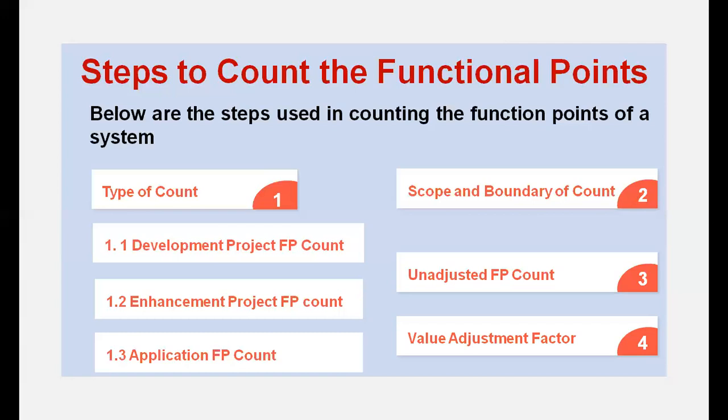And the last one, that is value adjustment factor. In this step, the value adjustment factor is determined, which contains 14 general system characteristics of the system or applications that define the type of the application character.